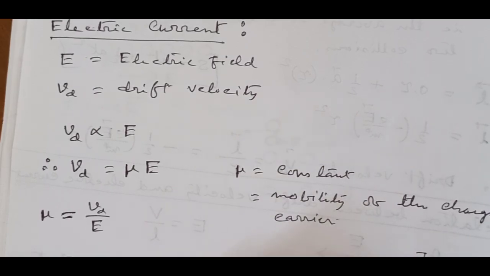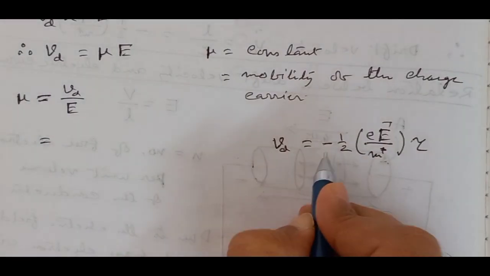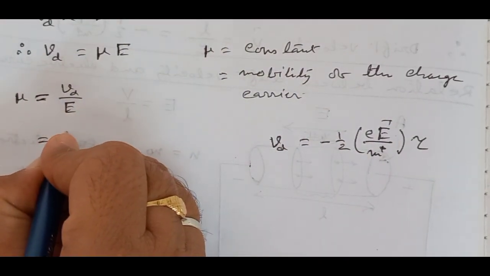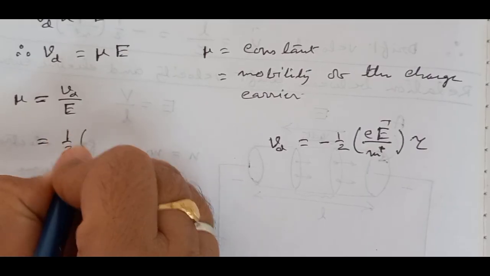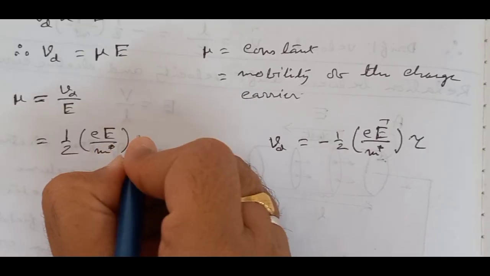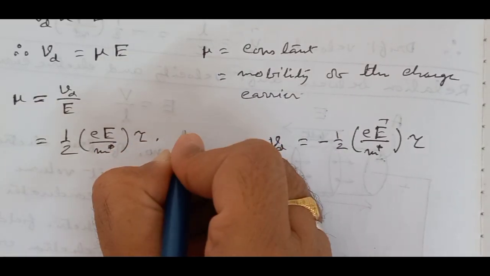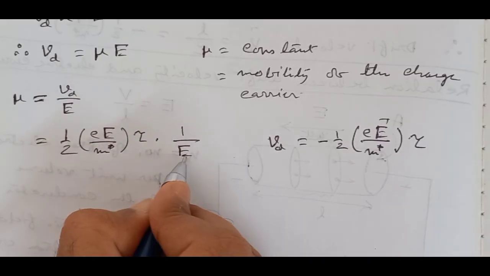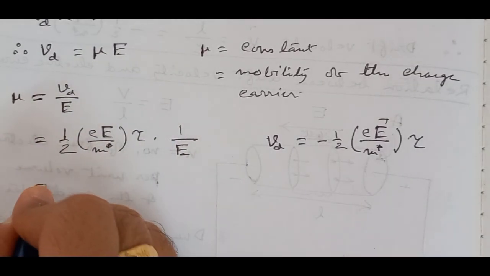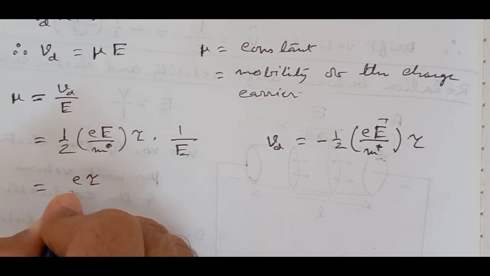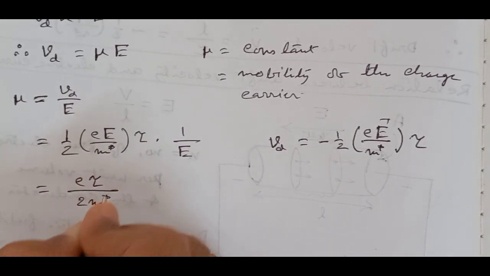Now neglecting this negative sign, we can write mu is equal to half E into E by m star into tau into 1 by E. This capital E term can be cancelled out, and we can write mu is equal to E into tau by 2 m star.